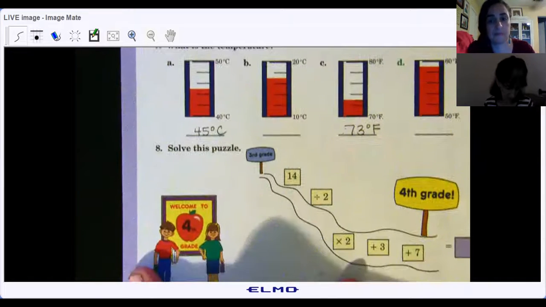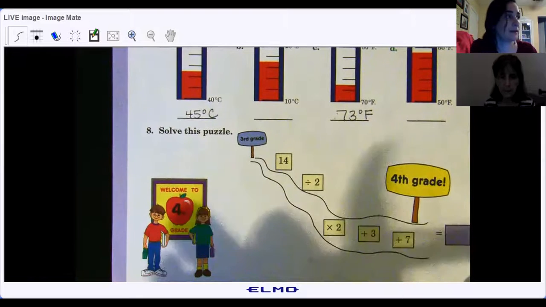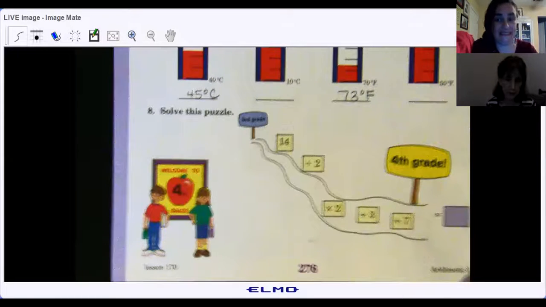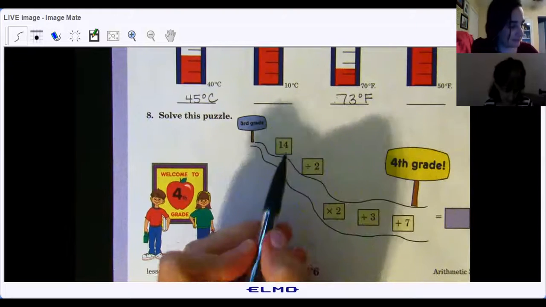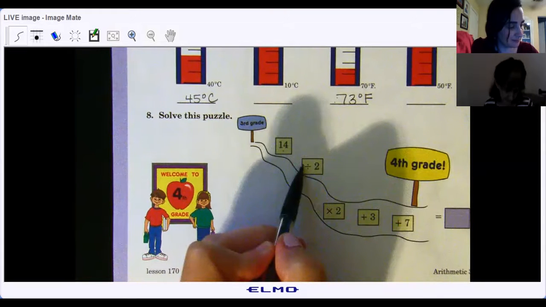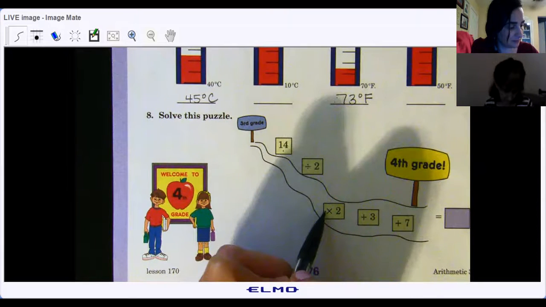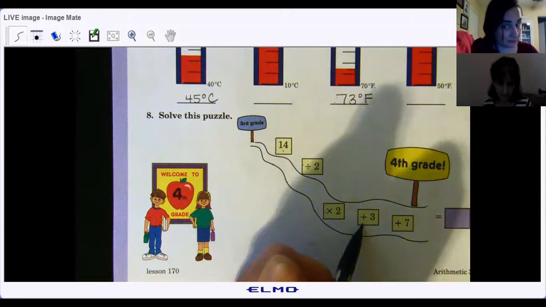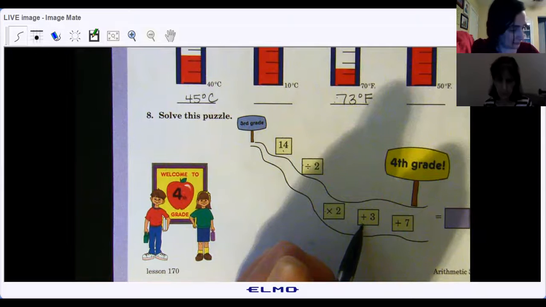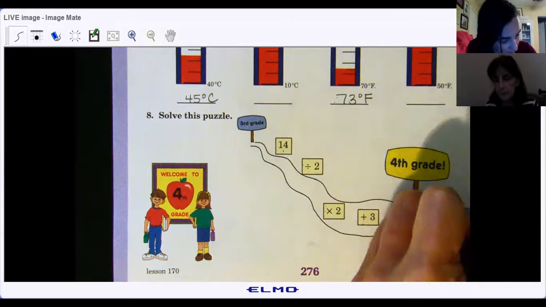Okay, and let's look at the little puzzle. You're going to start at 3rd grade, and you've been going and going and going. So 14 divided by 2 is 7, times 2 is 14, plus 3, 17, and 7 is 24. 24.